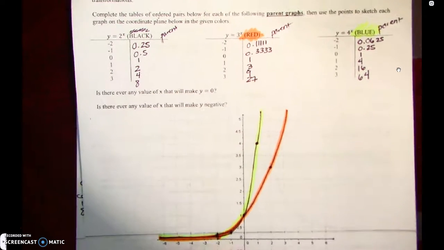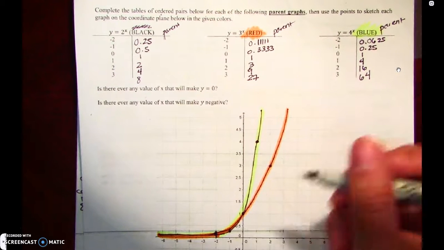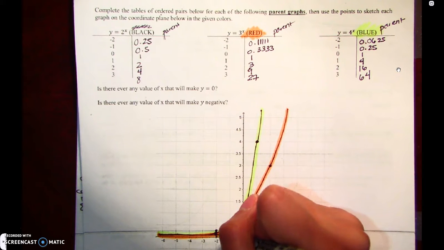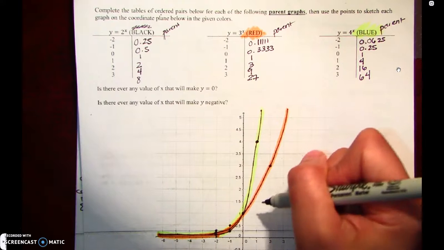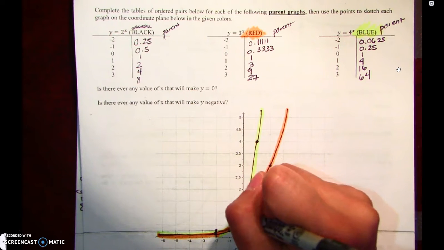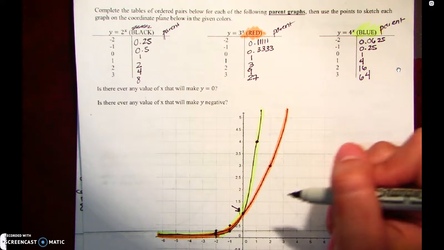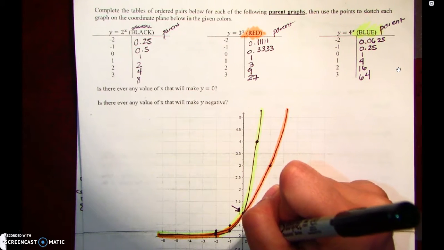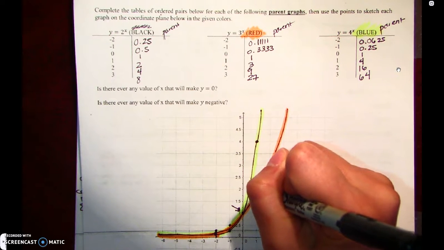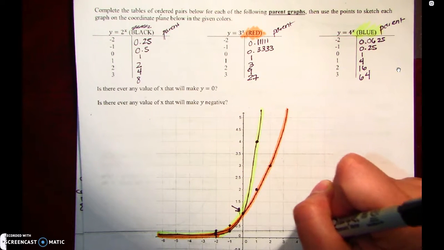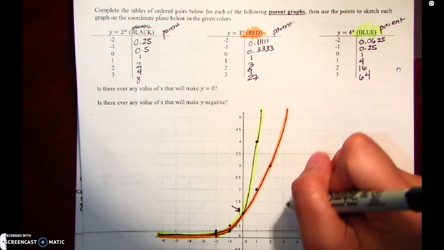Then finally you're going to graph your last one, which is 2 to the power of x. So at -2, it's at 0.25, a little bit higher than the previous points. 0.5 at -1, 0, 1. Remember that all your exponential functions always pass through 0, 1. Then 1, 2, 2, 4, 3, 8, which we don't have space for.